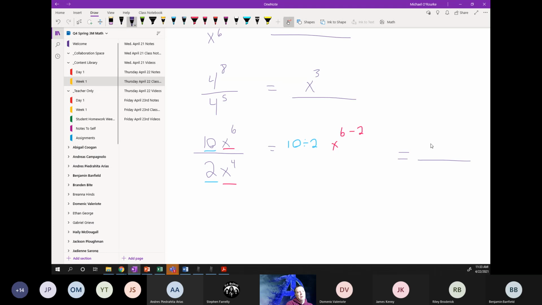So that's going to equal 5 x to the 4. So we're not minusing the coefficients. Remember, coefficients are just numbers, so they act like just numbers.